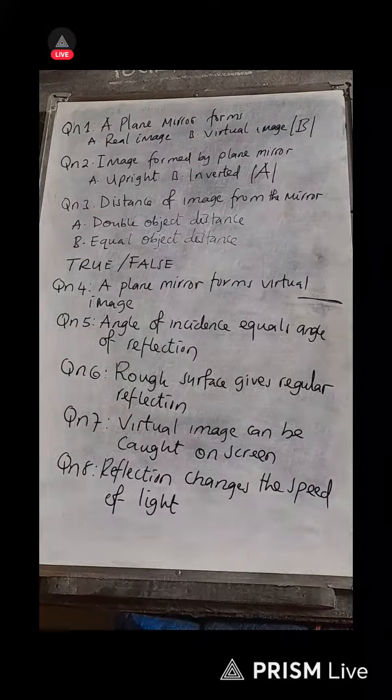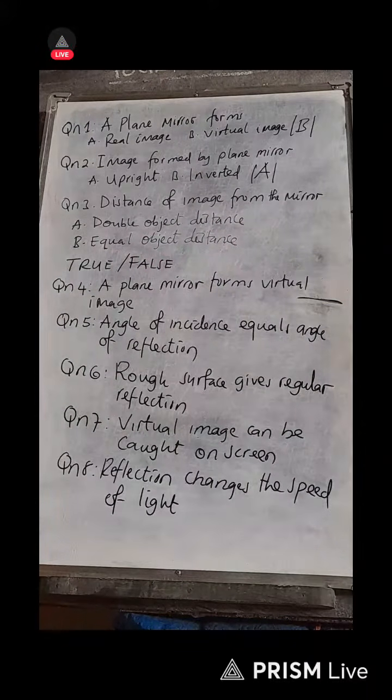So let's keep the momentum. Question number 3. The distance of the image from the plane mirror: A, double the object distance, or B, equal to the object distance.